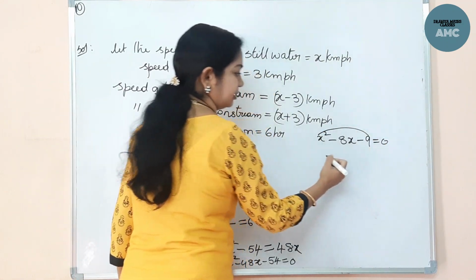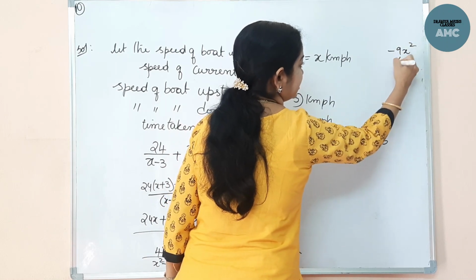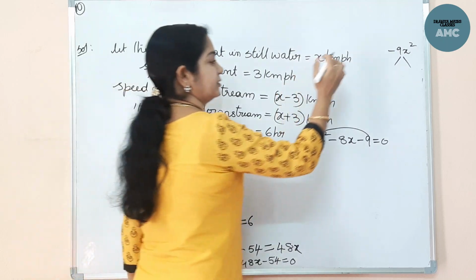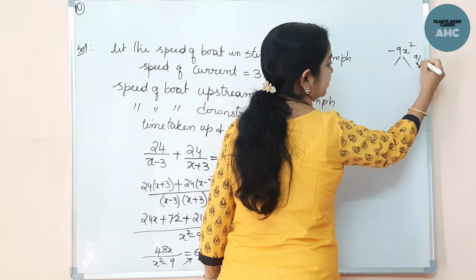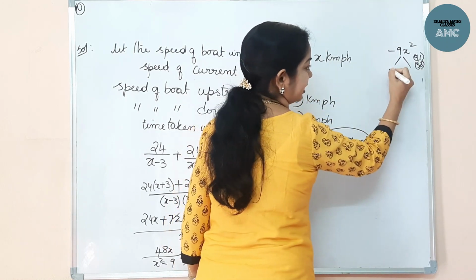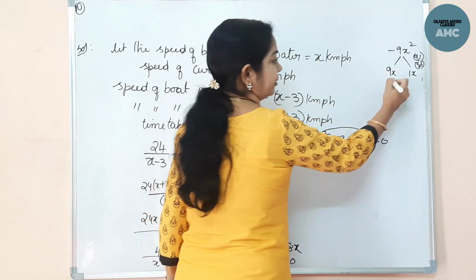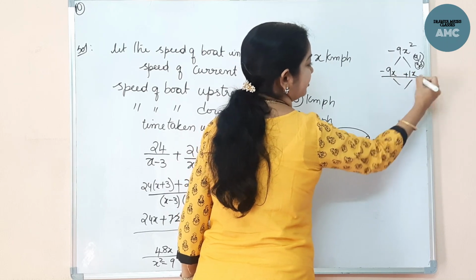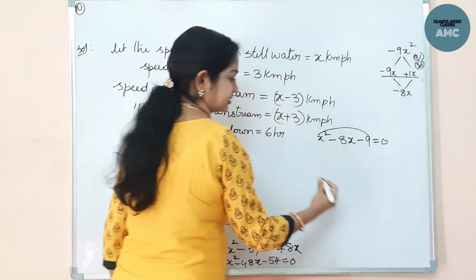Now see here, the extremes, if you take minus 9x square, split it so that it should come 8. Now what are the factors of 9? 9 and 1, 3 and 3, these are the factors. So which factors we have to take to get 8? Let's take 9 and 1, 1x, 9x. If I place minus here, plus here, if you add them you get minus 8x. If you multiply you get minus 9x square.